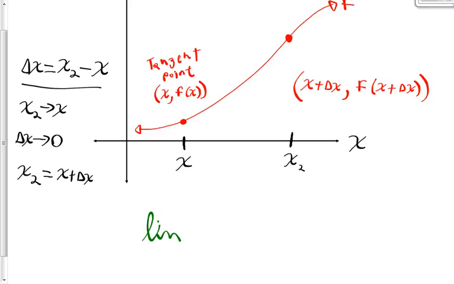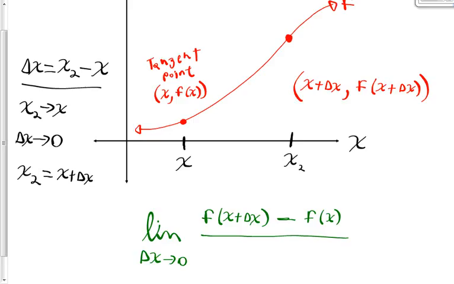So I'm going to take the limit as delta x approaches 0 of the y value f of x plus delta x, subtract from it the y value f of x, and divide by this x value, x plus delta x, minus this x value, which is only x.